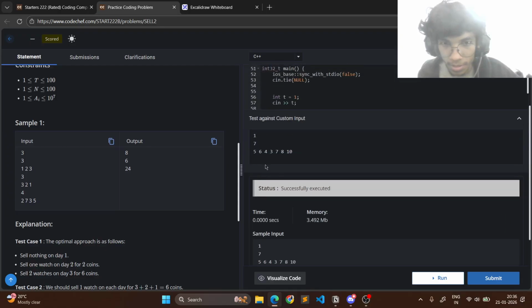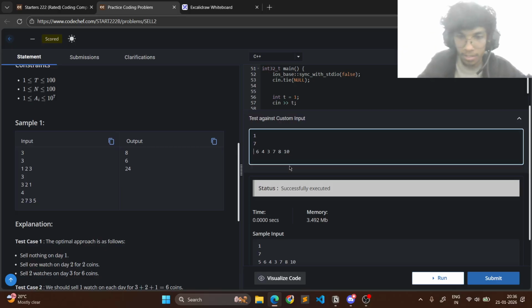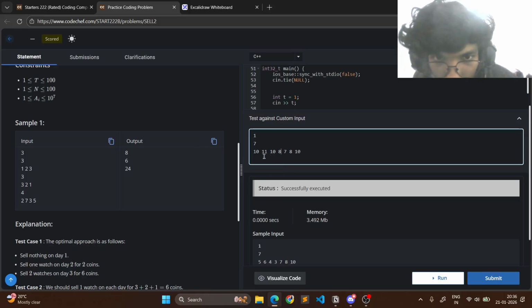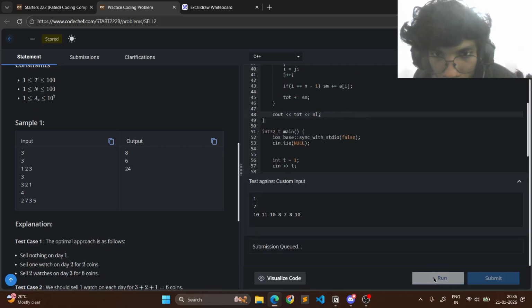This is 5 6, let's change this 10 and 11. Then this is 8 and maybe 10 again and 8 over this is 22 32 40 and 68.